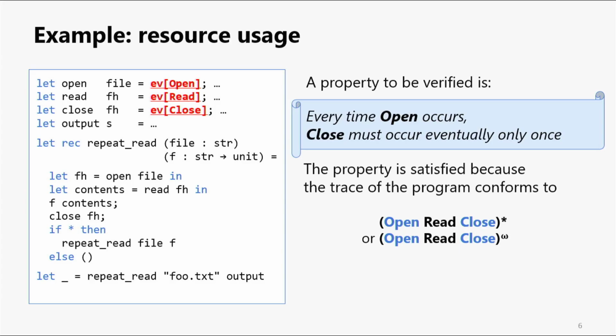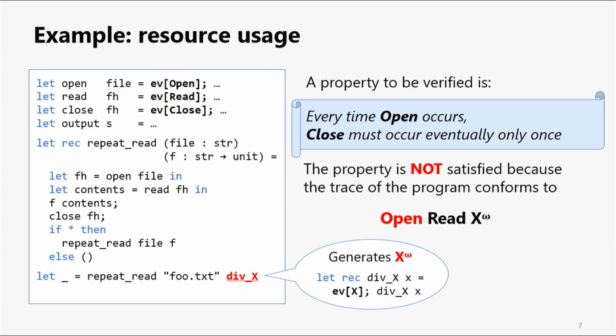The program satisfies either of these patterns, because it just opens, reads, and the read content is passed to the argument, which just prints. So the control is returned to the main function, and then the file object is closed. If at some time the non-deterministic choice returns false, then the trace conforms to the first pattern, and otherwise it conforms to the second pattern.